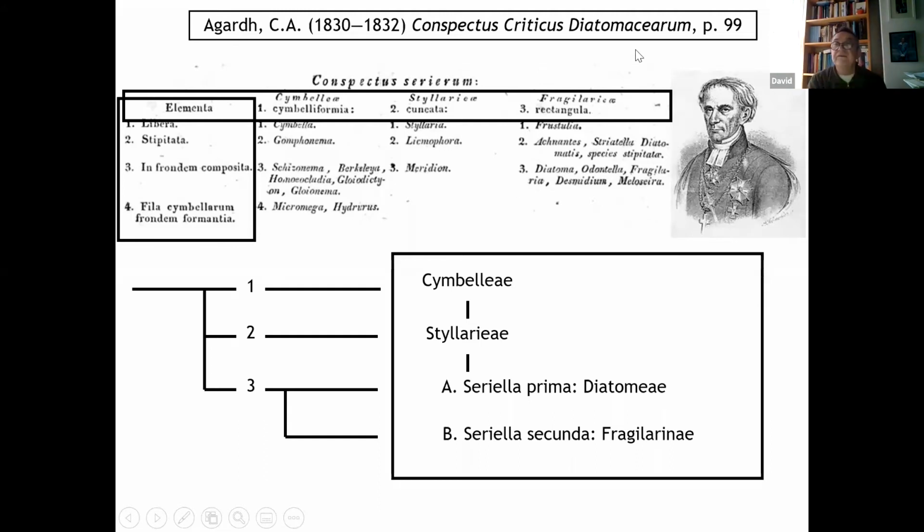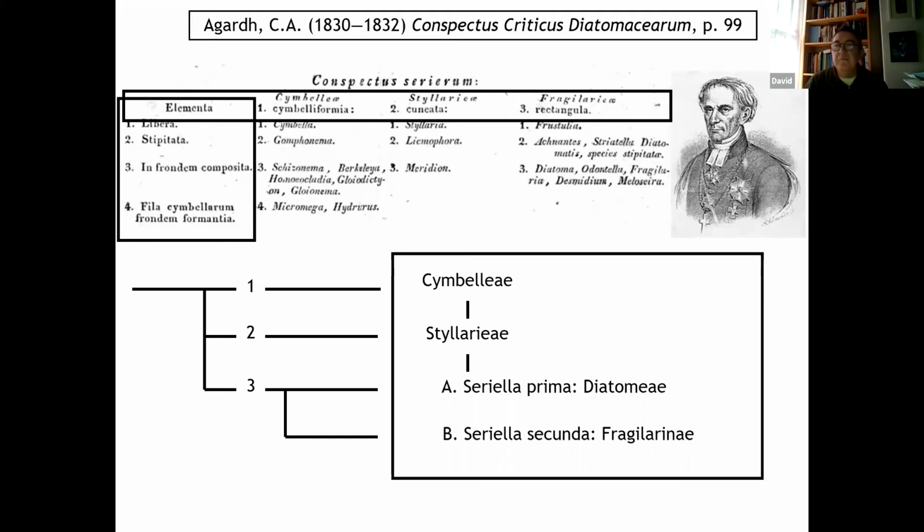He's trying to get that to correspond, and he puts the genera in here each time to tell you what he thinks, how that's related. And he does come up with 3 groups. That's a really interesting way of doing it. Again, I don't really think we could ever judge Agard as being wrong about something. This is a really nice way of dealing with it. And he had effectively the relationships as they are down here, but also saw a different kind of relationship. So he's struggling with those two things.